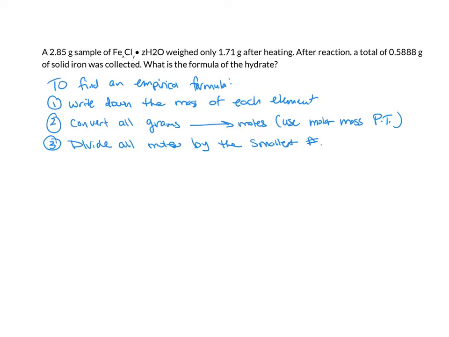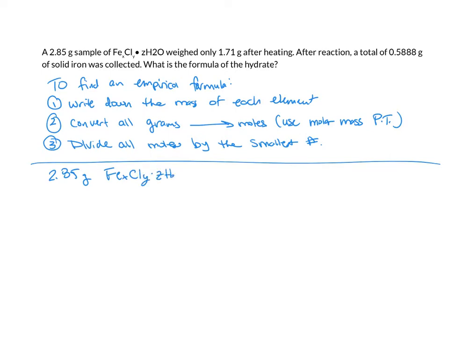So in this problem, it says a 2.85 gram sample of FeXCl.ZH2O. That means that we need to solve for X, Y, and Z. It weighed only 1.71 grams after heating. So let's think about our data. I have 2.85 grams of FeXCl.ZH2O, and the goal is to solve for X, Y, and Z. Remember, when we heat it, we remove the water.